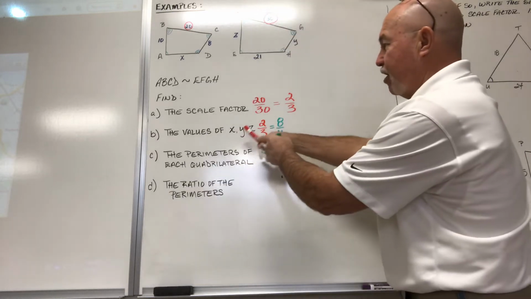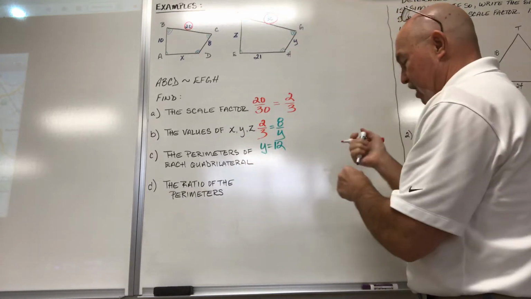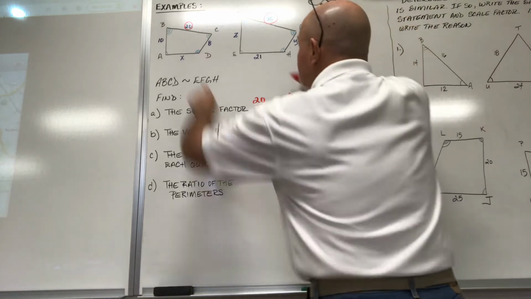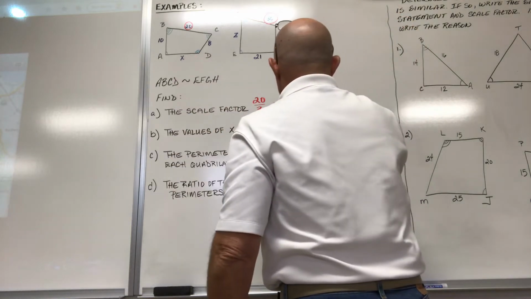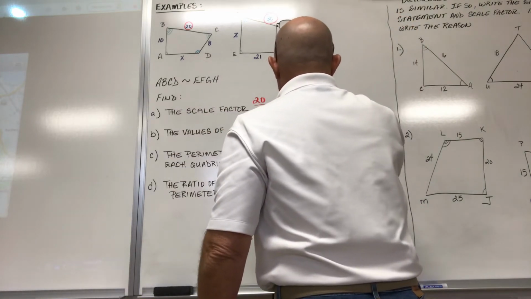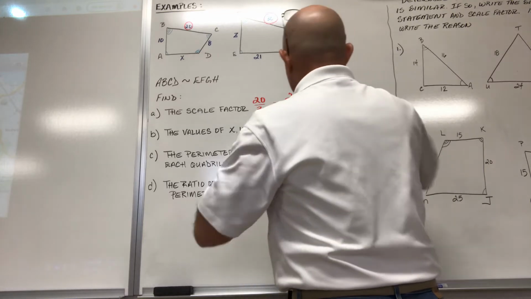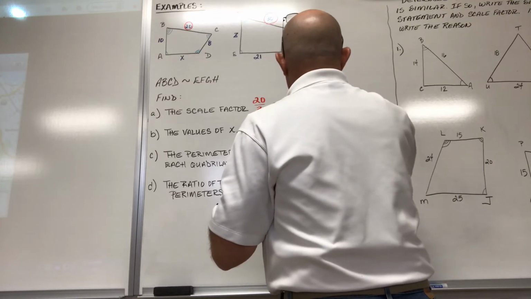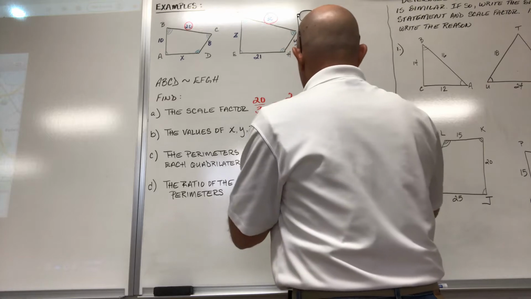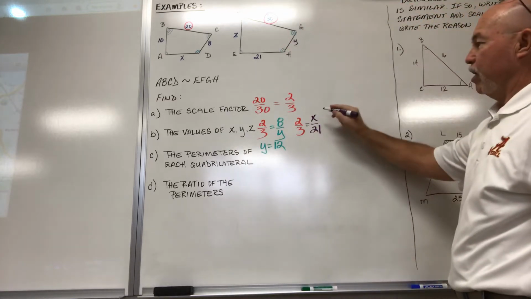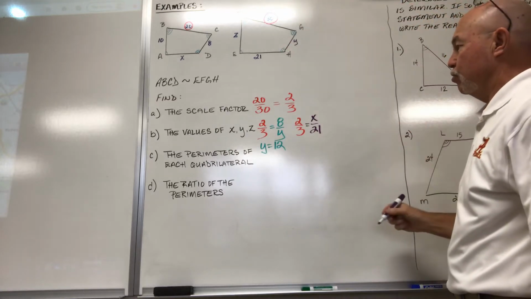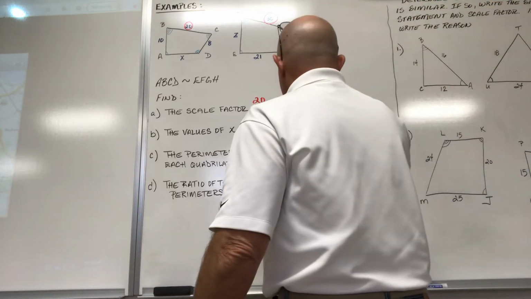I do the same thing for each of the sides. The next one is x over 21. 3x equals 42, x equals 14.